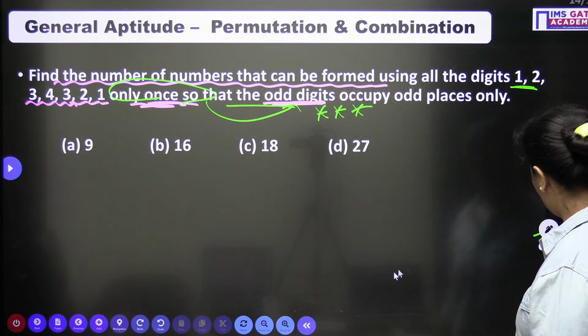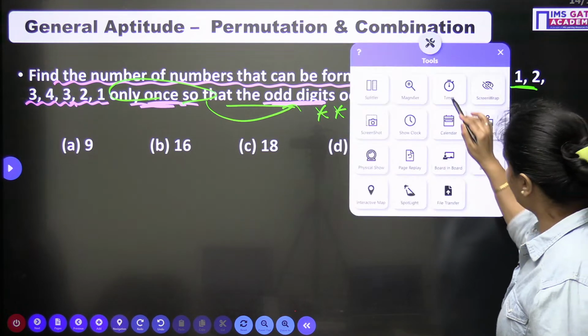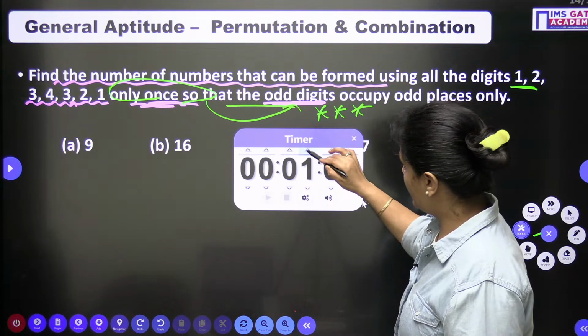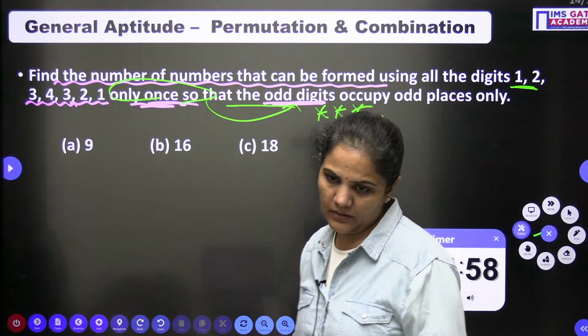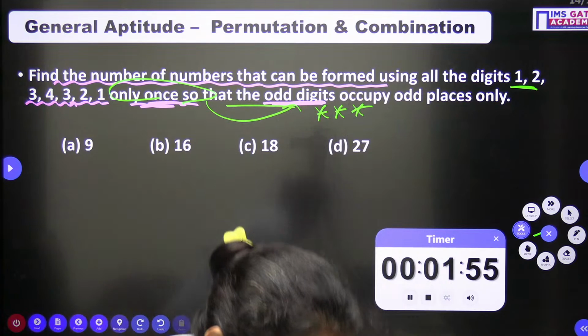A very good question. We can surely expect this pattern of questions in a good exam, just like the GATE. So you should not miss this one. Go for it, everyone.